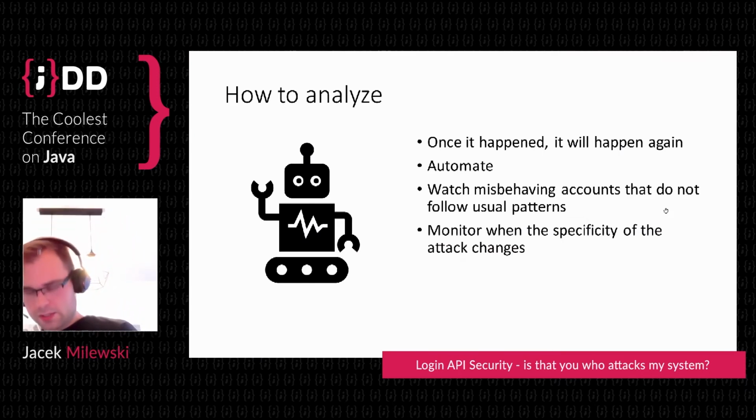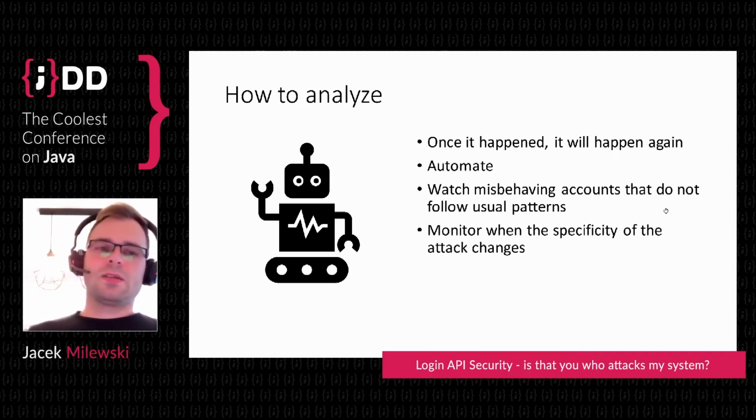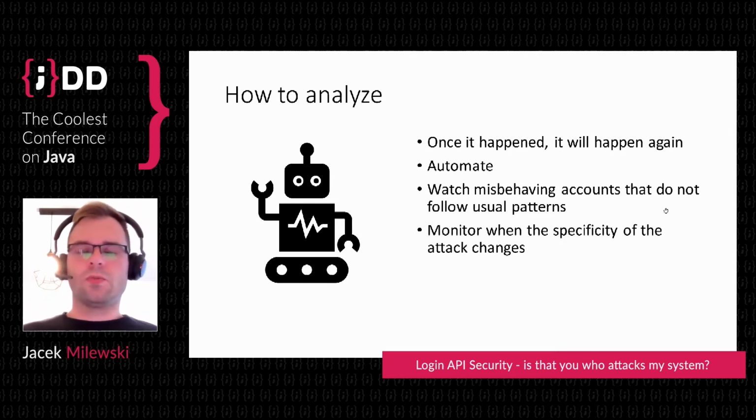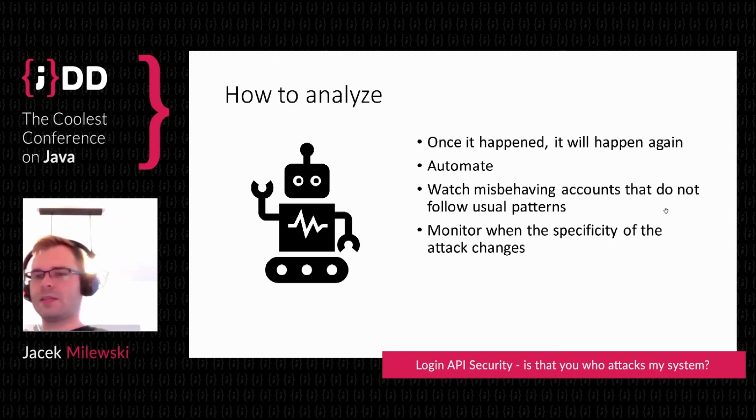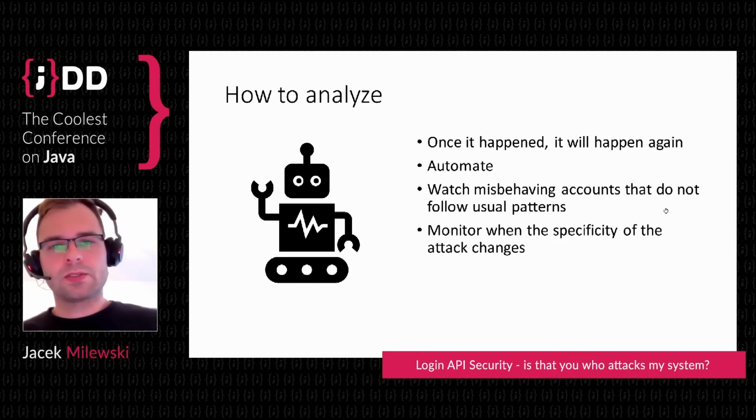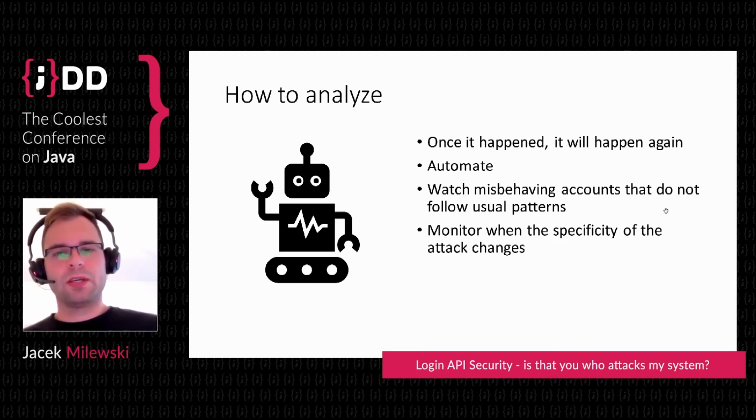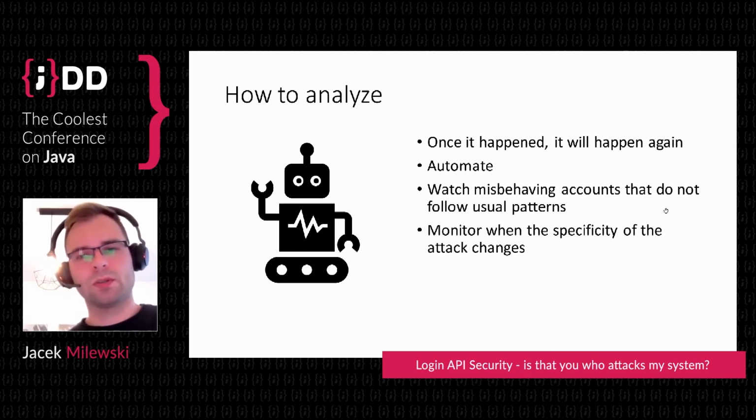The important thing is the analysis. We will be attacked, and you will be attacked, and everyone is attacked. So we need to make analysis easy. Once an attack happened, an attacker has a script that attacks you, so he will use it again. So automation is key. We automated the analysis: we fire the script and we get the results.